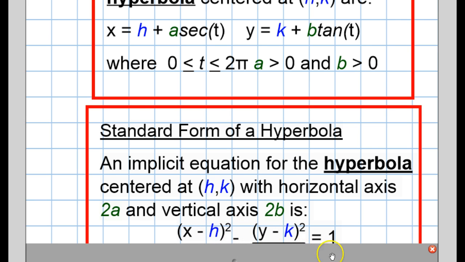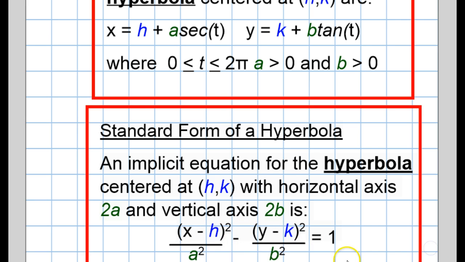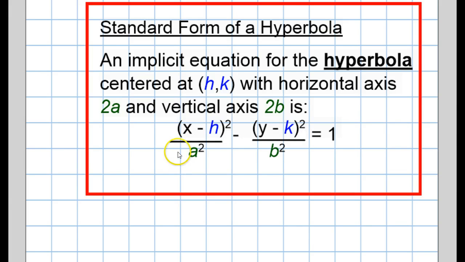You have a minus, but we have one more additional thing, which is that in the denominator it's a squared and b squared, very similar to that of an ellipse. And if you remember, for an ellipse, the a represented the horizontal axis, which was 2a, and the b represented the vertical axis, which was 2b.